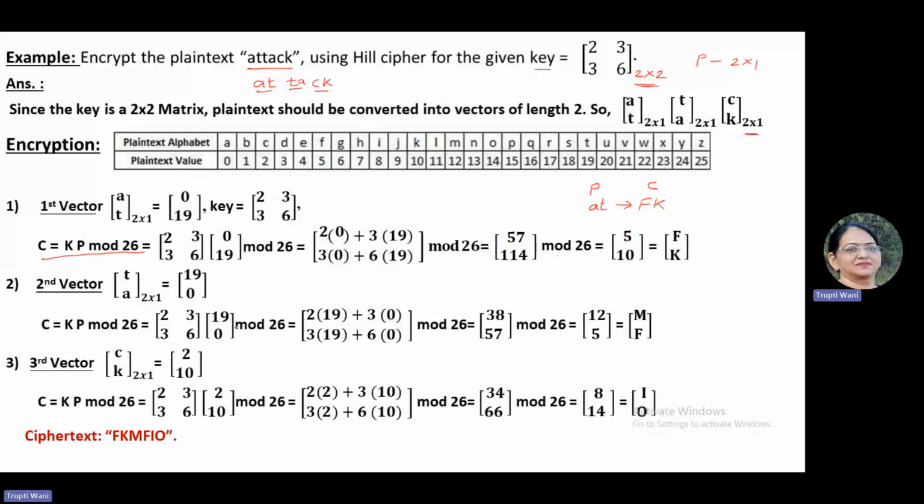Take the key matrix times our plain text 19 and 0, mod 26, and we will get MF as the ciphertext. Same for CK, apply the same procedure, we will get IO. So our ciphertext is FKMFIO for the word ATTACK. This is the encryption process.